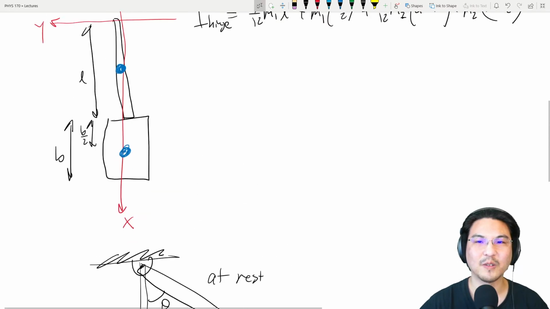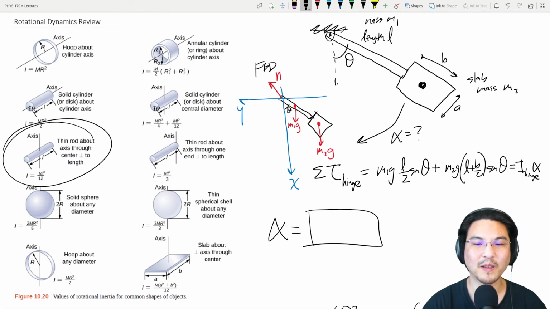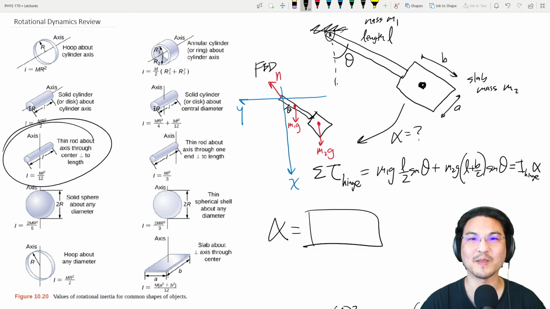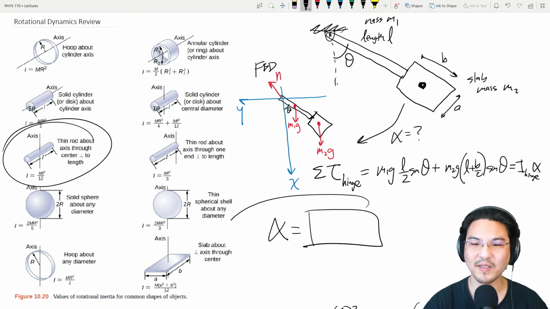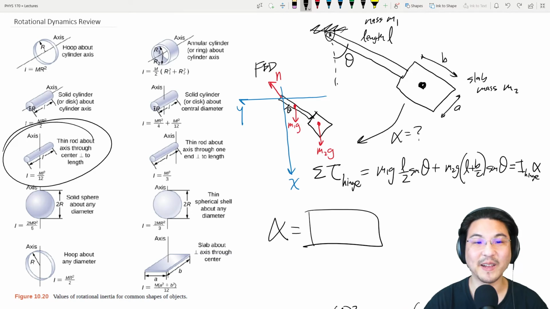Now, could you just take the answer here, like if we solve for alpha equals something, and then use kinematics for constant acceleration? Is this acceleration constant? It is not, because the entire time the angle is changing. So the angular acceleration is not constant. It's a function of the angle.